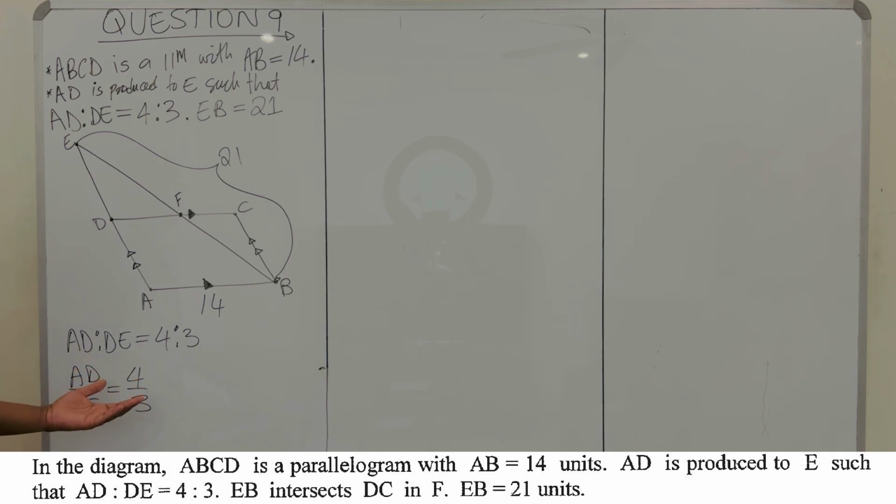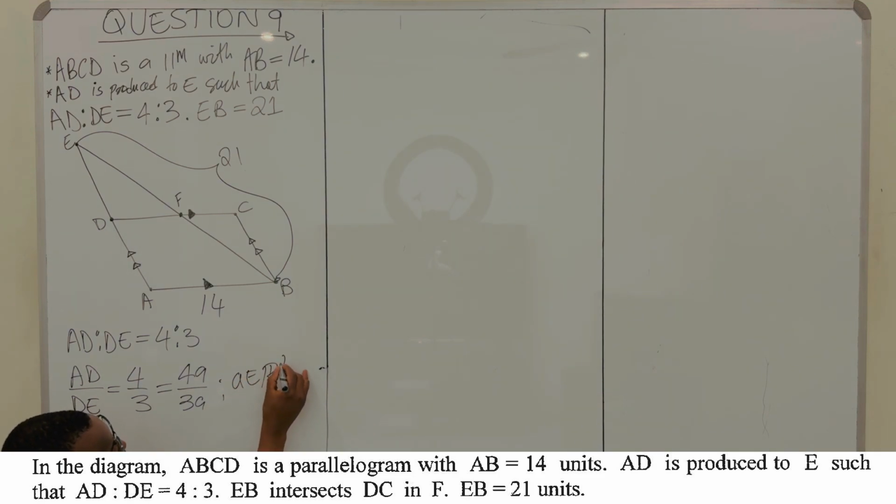What is this really? You can think of it as 4a over 3a, where a is a positive real number.